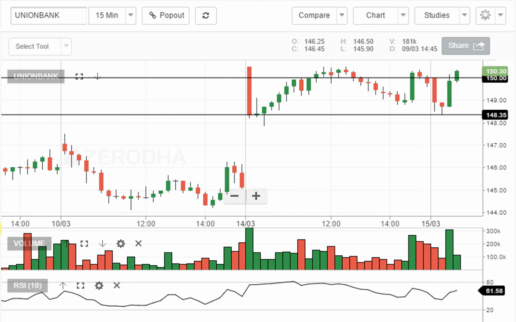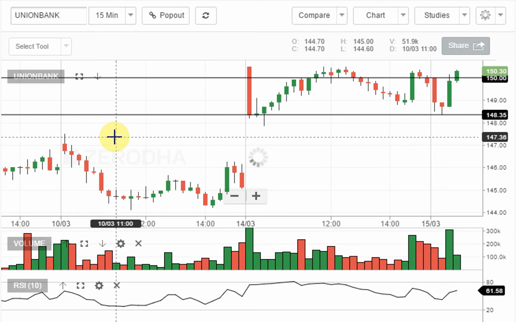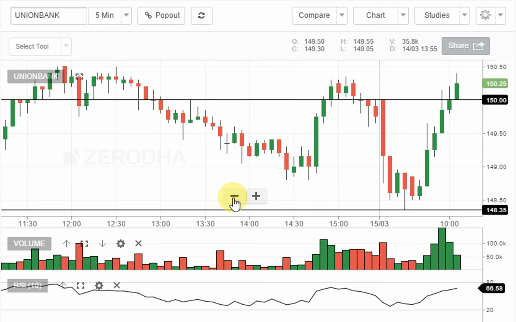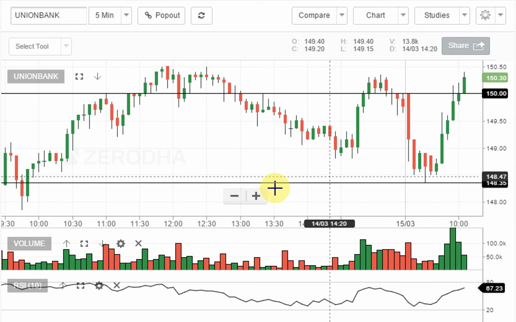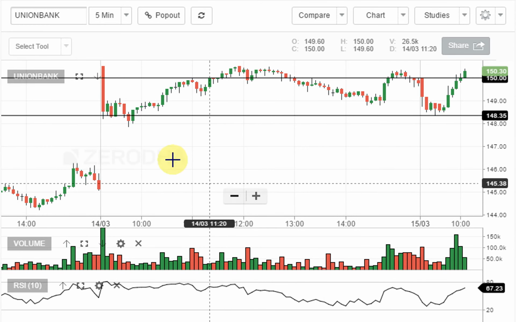So you can go with 10 minutes. I preferably will be going with 15 minutes, because each candlestick gives you a signal. And if those candlesticks are large in numbers, then your mind will be getting so many signals and you will be confused.